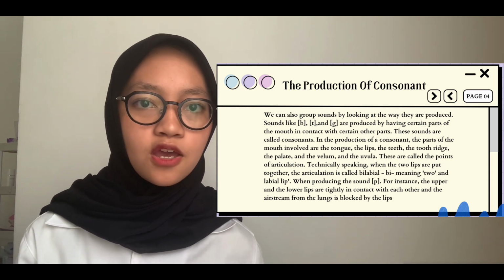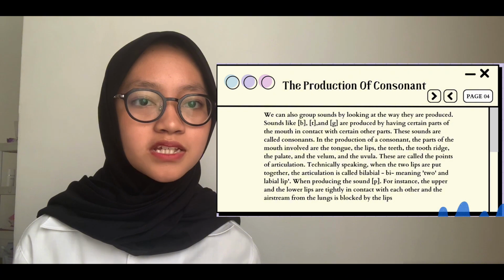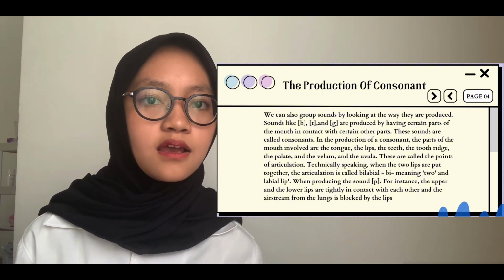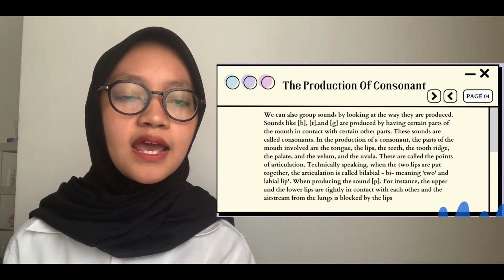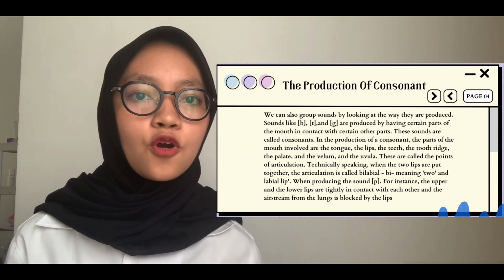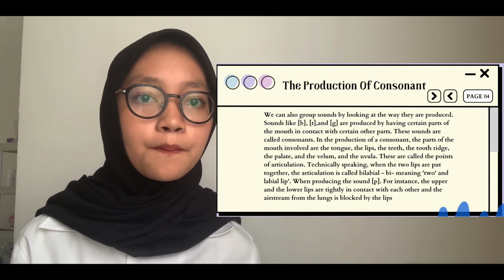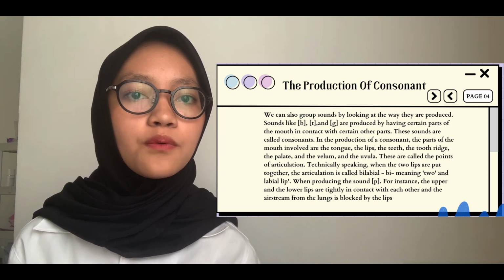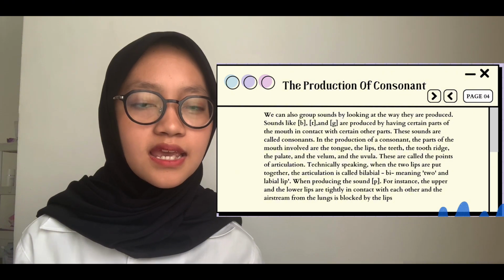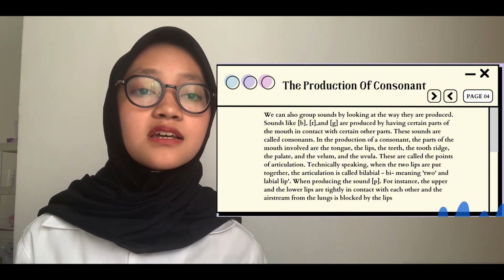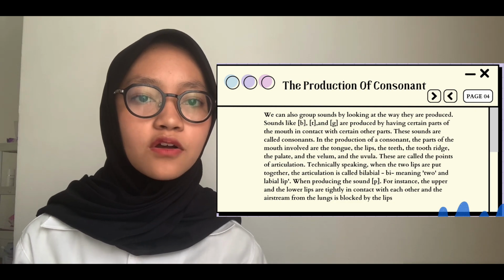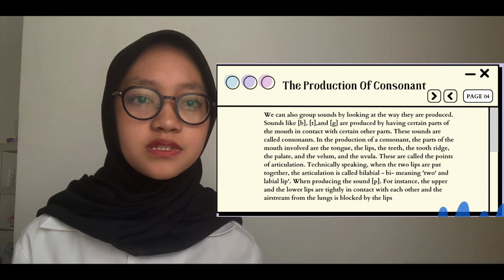Technically speaking, when the two lips are put together, the articulation is called bilabial, bi meaning two and labial lip. When producing the sound p, for instance, the upper and the lower lips are tightly in contact with each other and the air stream from the lungs is blocked by the lips.